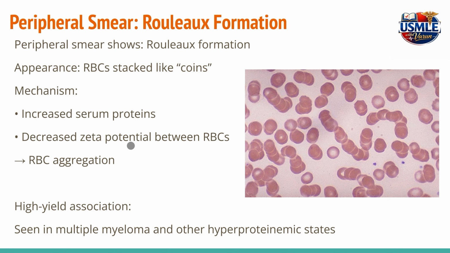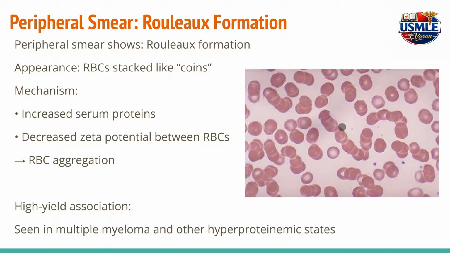The mechanism is that whenever there's increased serum proteins or monoclonal proliferation, this leads to a reduced zeta potential between the RBCs. Or you can describe it as reduced repulsion between the RBCs, and this eventually leads to aggregation of RBCs one over the other, where they stack up like coins. This is called a characteristic Rouleaux formation in cases of multiple myeloma.